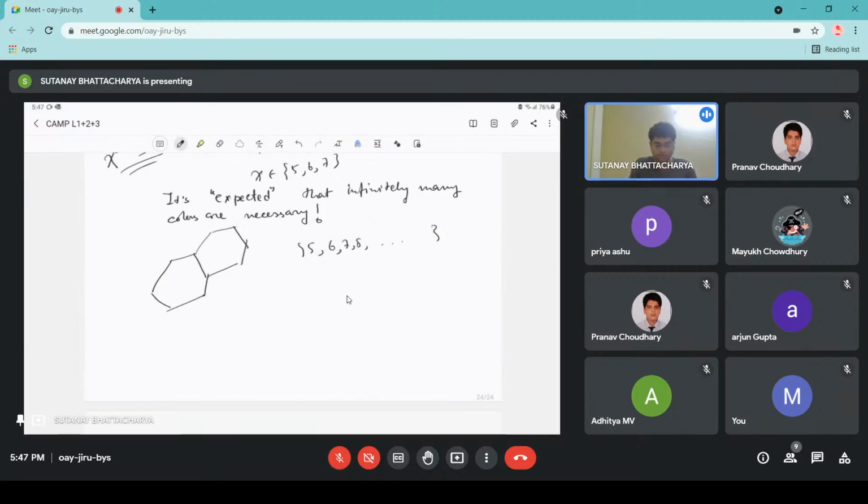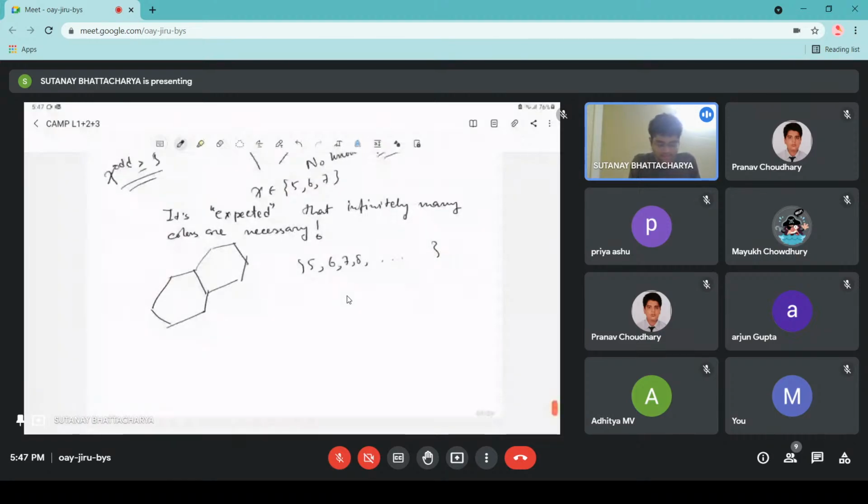And it has been proved that if you're only using color classes that are measurable sets, then infinitely many colors are indeed necessary. So either there's a very nonsense, insane coloring that gives you a finite bound, or infinitely many colors are actually necessary, and no one really knows.